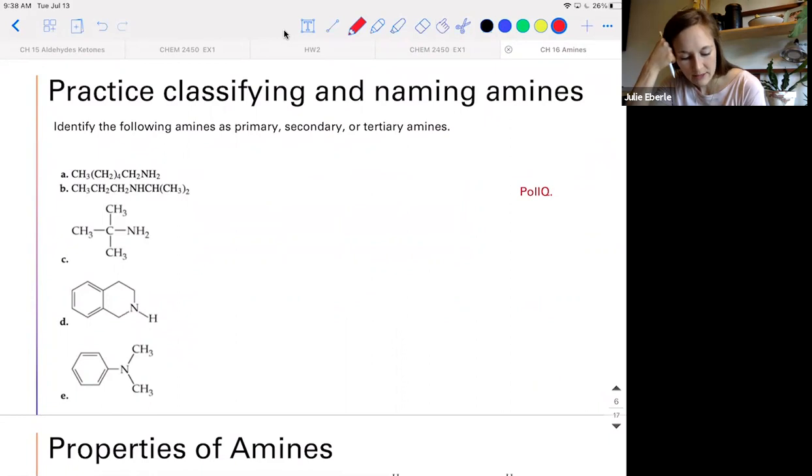So look at A, B, C, D. I only have D. I didn't do E. Whoops. I put in my own question in place of E. So you're just classifying A, B, C, D here. Draw it out if it helps you.